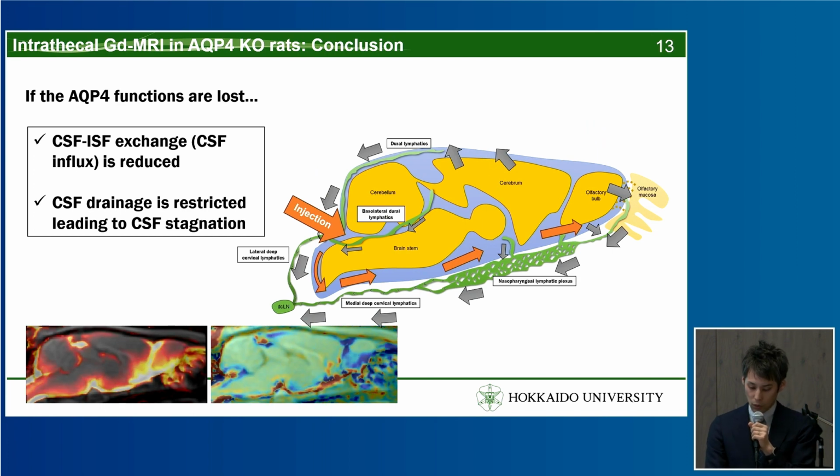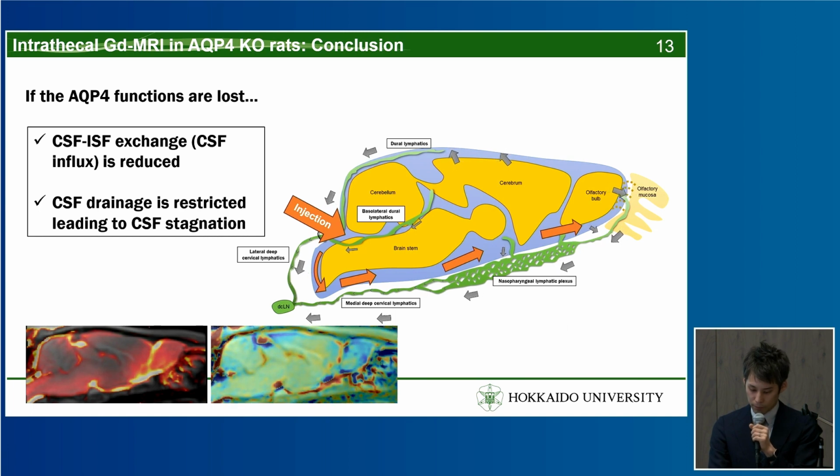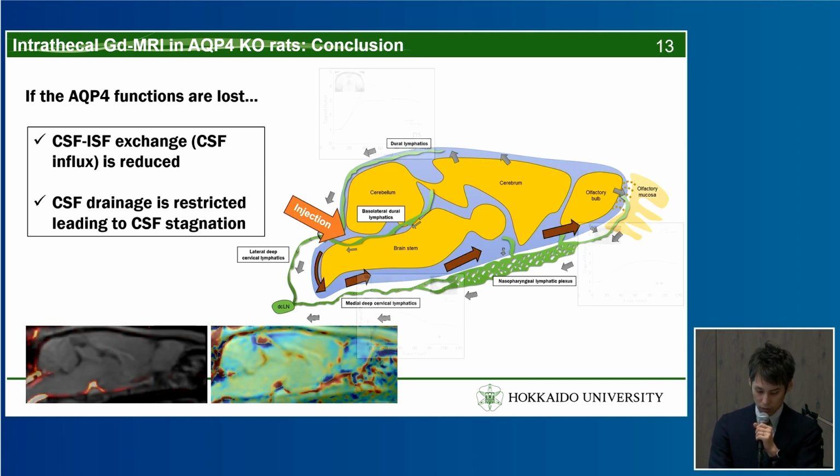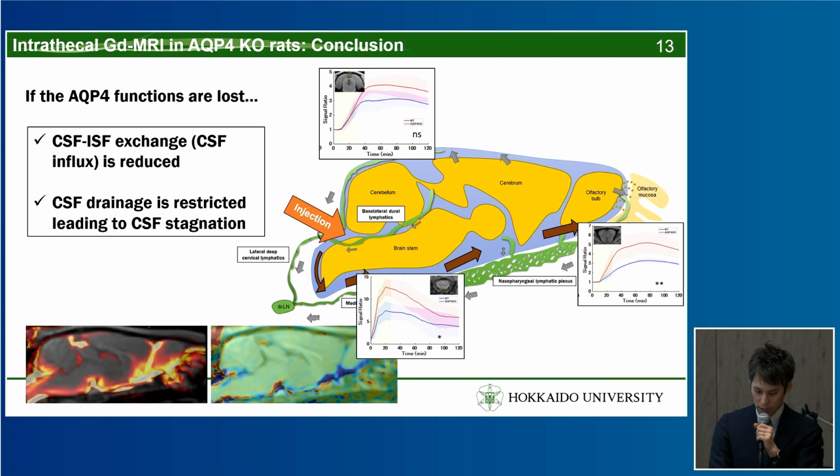Moreover, the translocation of the tracer to the drainage pathway decreases, and tracer accumulation in the CSF space increases. This might mean that CSF solute drainage was restricted and led to CSF stagnation.